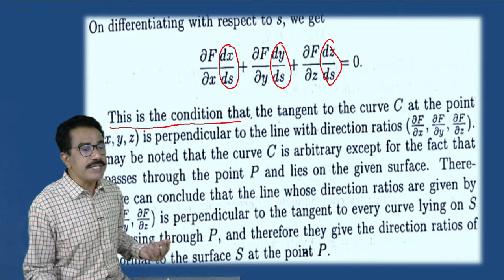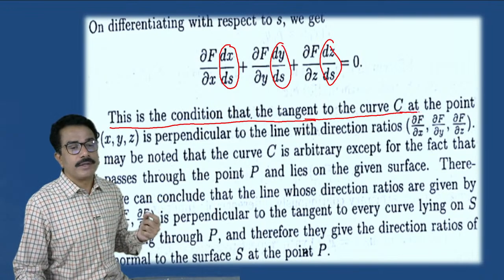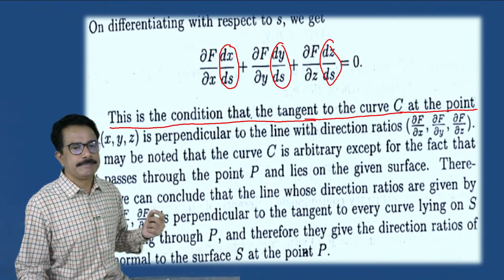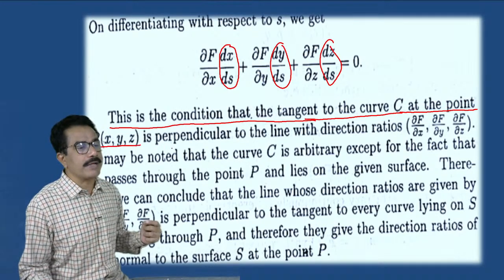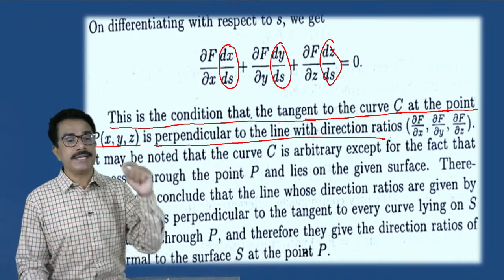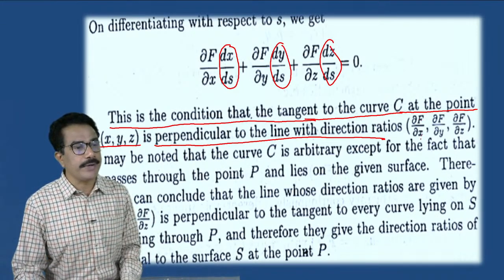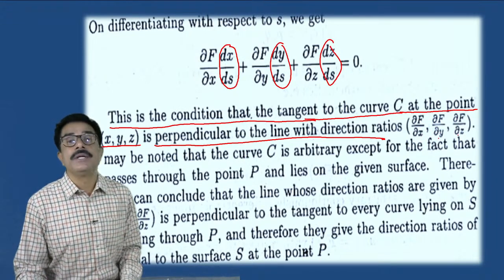This is the condition that the tangent to the curve C at the point P(x, y, z) is perpendicular to the line having the direction ratios dou f by dou x, dou f by dou y, dou f by dou z.